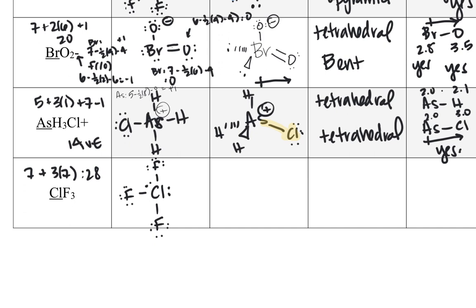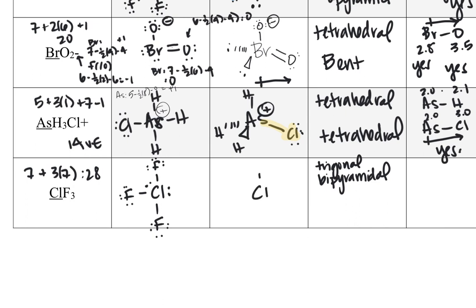So this gives us a steric number of 5, which is new. We haven't seen it yet. So this is trigonal bipyramidal. In the molecular shape, we're going to have to draw this structure. So we have a chlorine in the center. That's terrible looking. So let's try that again.